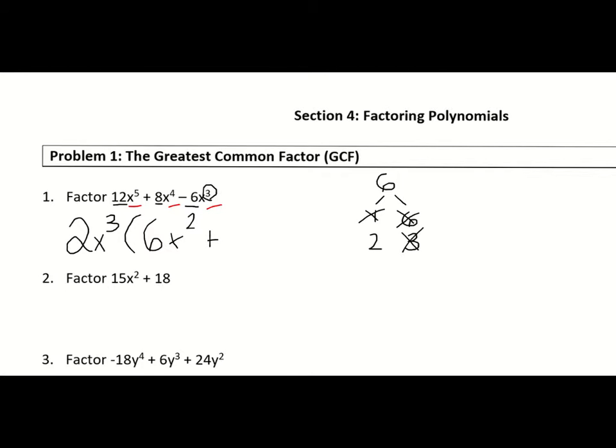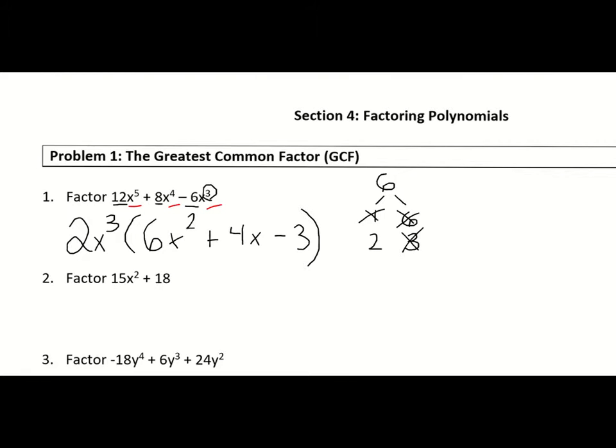Plus 8 divided by 2 is 4. There's x to the 4th, but I took 3 of them, which would leave me with just x. Minus 6 divided by 2 is 3. X to the 3rd we already took out, so I'm going to close this with a parenthesis.